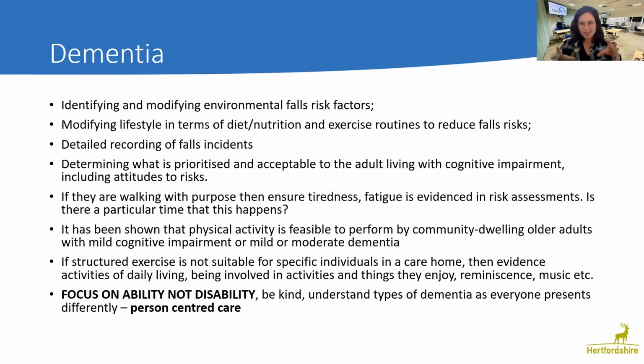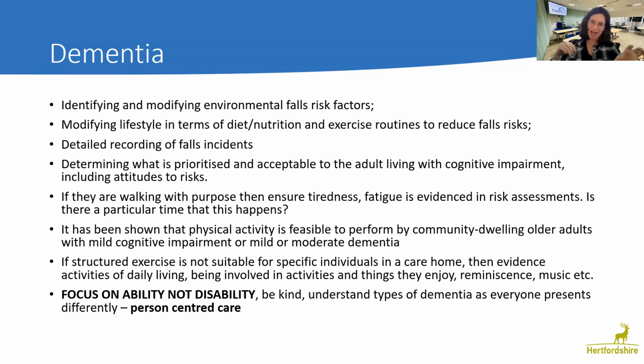Again, for people living in the community with dementia, exercise is your evidence here. They are able to perform exercise, even with mild cognitive impairment or mild or moderate dementia. But again, in care homes, that doesn't mean we shouldn't be trying to also do exercise.